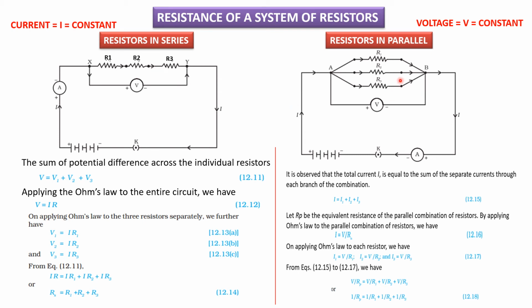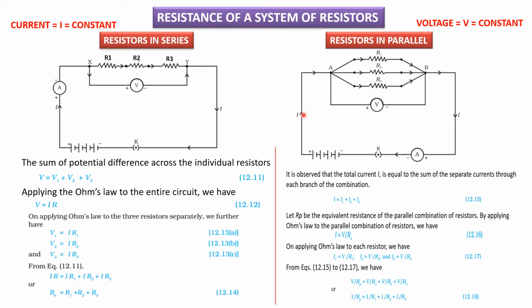Coming to resistors in parallel, you can see the same battery, key and ammeter. The ammeter is connected negative to negative and positive to positive, and the voltmeter is connected here in parallel. The ammeter is connected in series. This rule you should remember: an ammeter is always connected in series in a circuit, and a voltmeter is always connected in parallel.